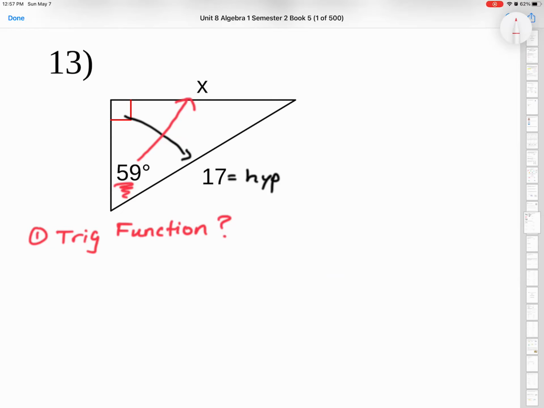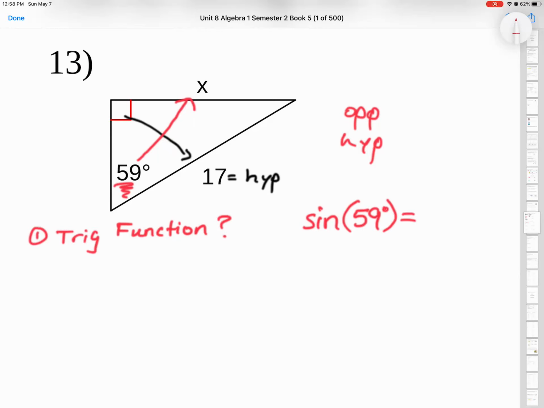And then we also have our hypotenuse. So our two here that we have are the opposite and the hypotenuse. And so that really steers you then into the sine function. You have to use the sine function here. So we have the sine of 59 degrees, because that is our angle measure, equals our opposite.